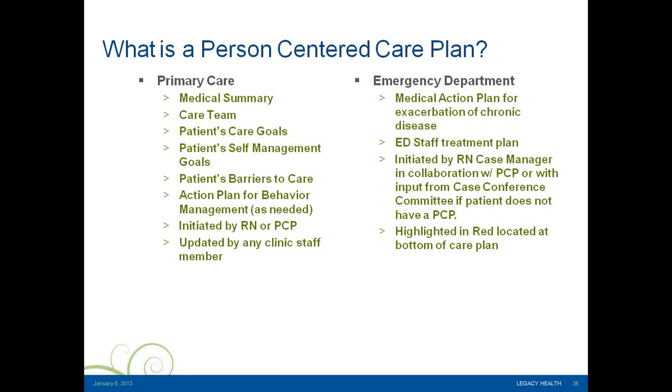And then we've set up where the patient's care team, as long as it's documented within our EMR, pulls into the care plan. So you can see if they have a psychologist they're working with, or an endocrinologist, any type of specialist, who their primary care provider is. All of that pulls right into the care plan.